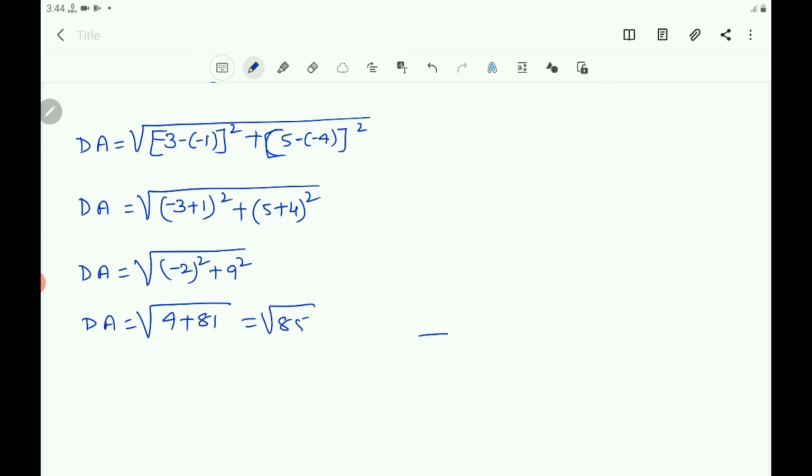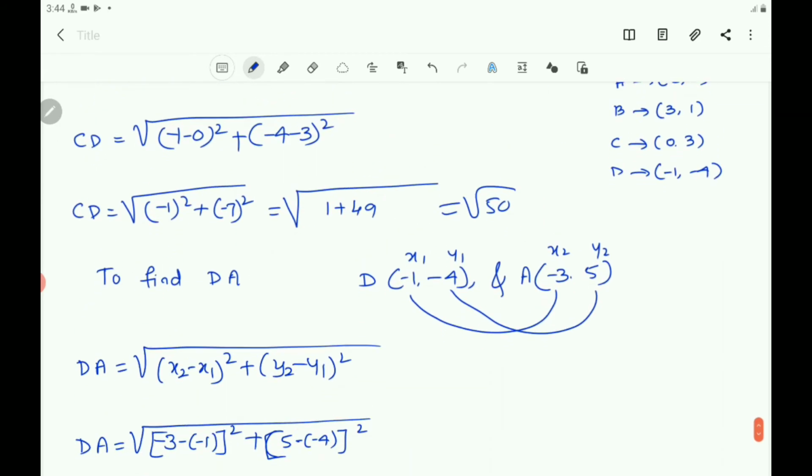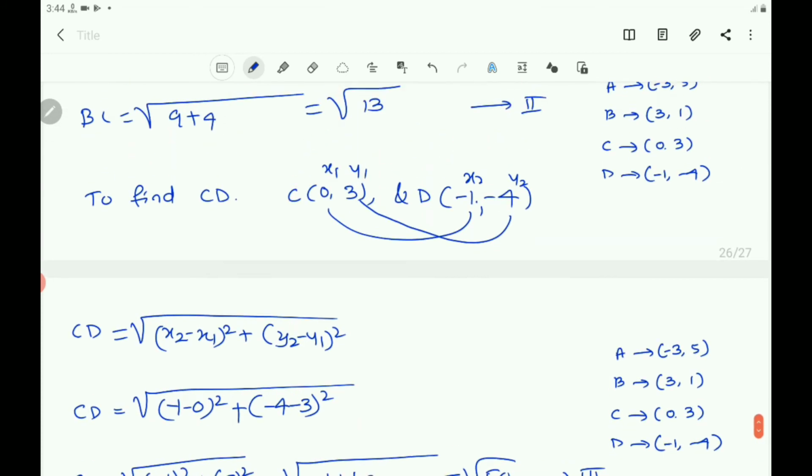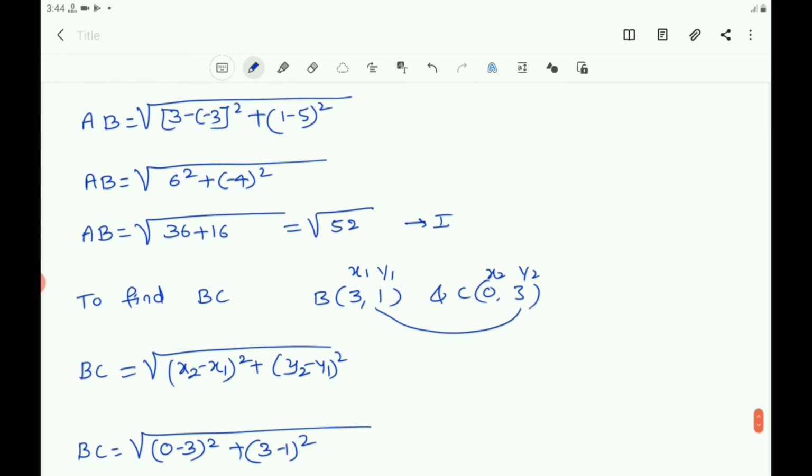So this is the fourth one, DA, CD is the third one, this is second, and this is first.